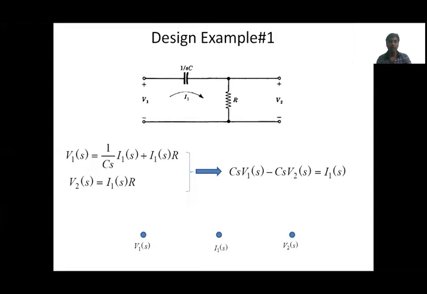Now we connect it. How are V1 and I1 related? With the gain of Cs, I mean, V1 of S is multiplied with Cs. And V2 of S is related with... if you write the equation for I1 of S from these 2 equations, we will get Cs into V1 of S minus Cs into V2 of S. So from V1 and V2 we got that V1 is an incoming branch and V2 is also an incoming branch, but with the negative sign of gain. The gain is the same but with a negative sign.